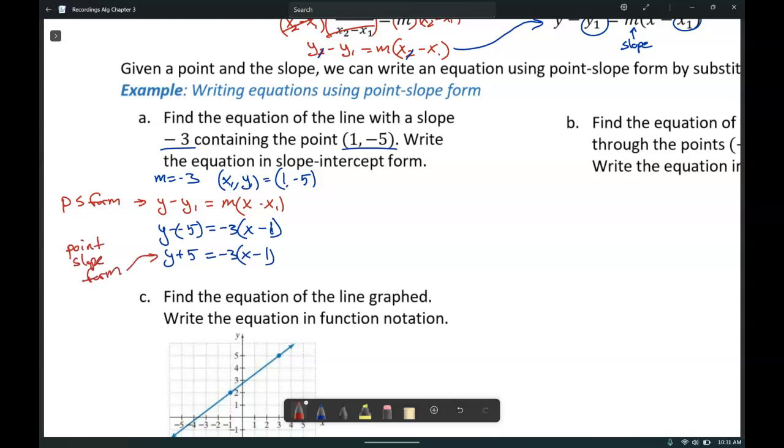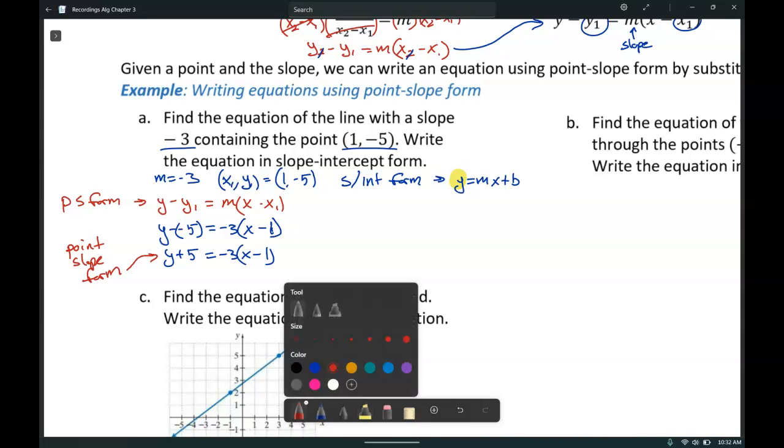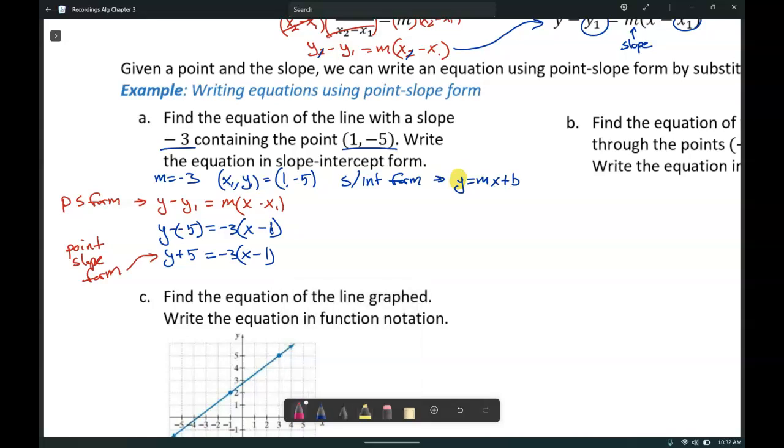Now we can rewrite point-slope form into slope-intercept form. So we need to get it to look like y equals mx plus b. So we think about the features. Well, slope-intercept form has y by itself. So let's take this equation and get y by itself. We'll also want to distribute so that we don't have those parentheses anymore. So we can go ahead and subtract 5 from both sides. We have y equals negative 3 times x minus 1, minus 5.